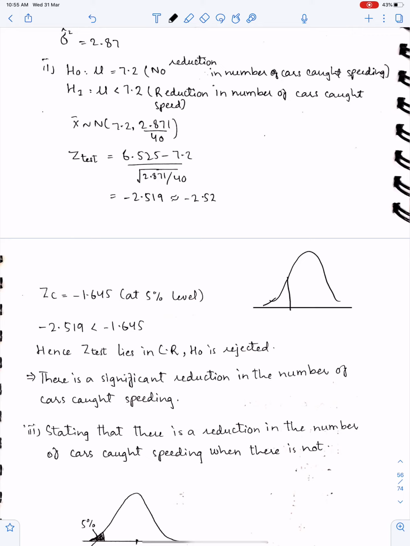The critical region is here, below minus 1.645, and this value lies here. So reject H0 and accept the claim. There is a significant reduction in the number of cars caught speeding.